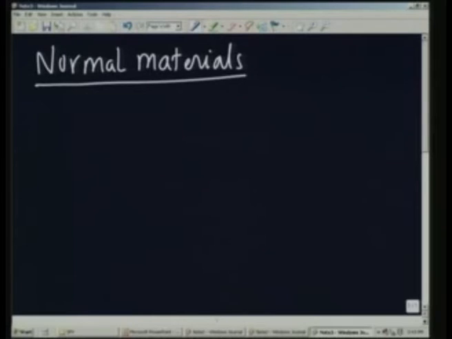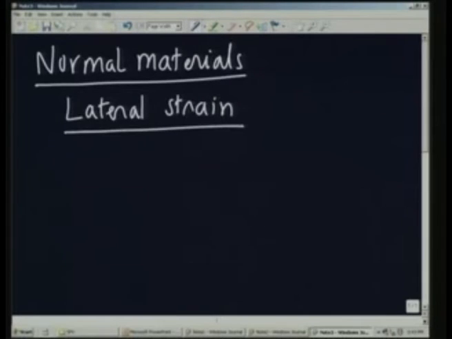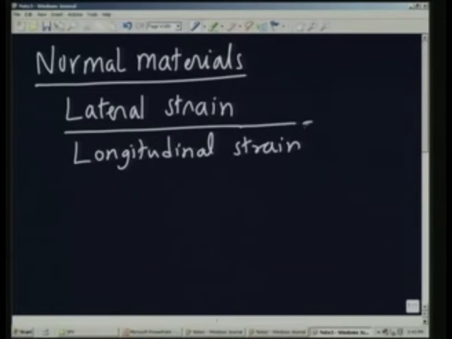So, if I have a strain in the longitudinal direction, the lateral strain divided by the longitudinal strain. So, I am looking at two different strains. This ratio we call the Poisson ratio. Poisson's ratio.